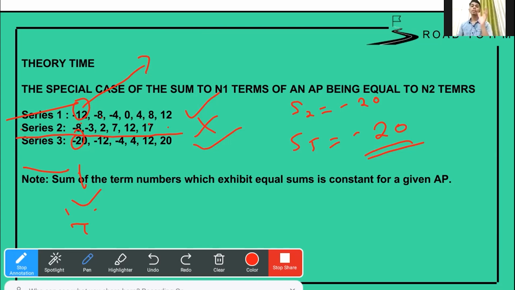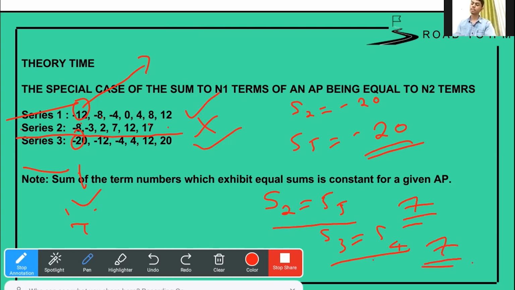Now, one interesting property about these two series is that the sum of the term numbers which exhibit equal sums is constant. Like I mentioned before, S2 is equal to S5 for series 1. S3 is equal to S4. Take the sum of these two: 2 plus 5 is 7, 3 plus 4 is 7. It has something to do with 7, I think.